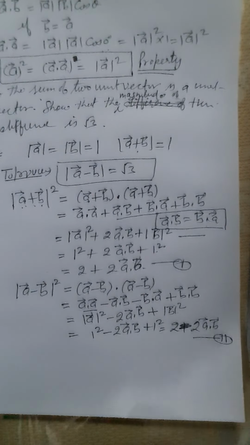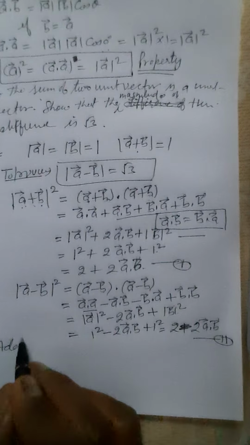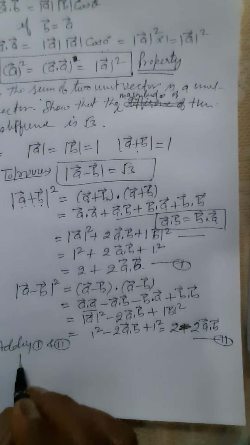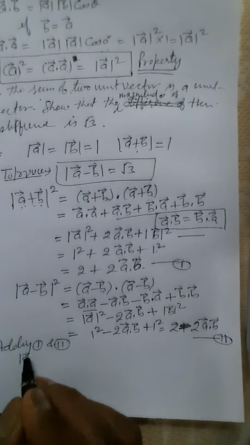Adding these two equations, adding equation 1 and 2. So what will happen? Your left hand side is magnitude of A plus B whole square plus magnitude of A minus B whole square. This will be equal to 2 plus 2, it is 4. These two terms will be cancelled out on adding.